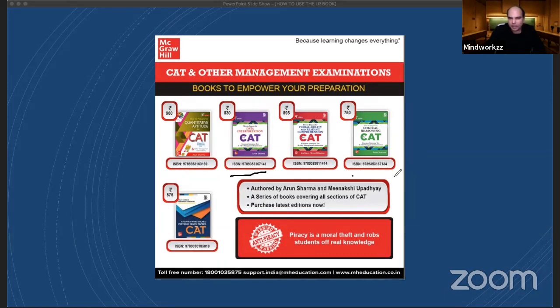So DILR at least will go into the fresh editions that are coming up. Those editions will essentially have some good questions and an increase in the number of relevant questions. But even as I showed you in LR yesterday, it's quite relevant for CAT 20 or 21 also. So you can prepare with the current editions for the time being.